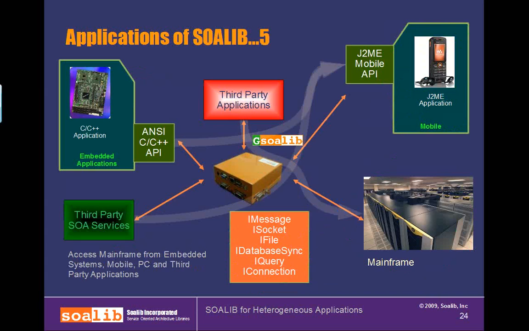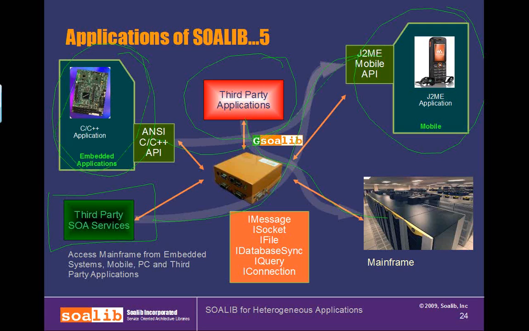Example number 5. Here we are showing that there is an embedded application and there is also a mobile application. And this third-party application, which could be your application, would like to actually use a mobile phone. There's another third-party application that wants to use the database, and this application would like to use the mobile phone.